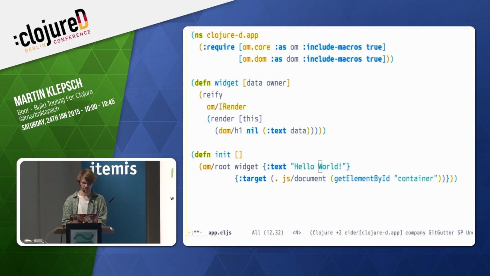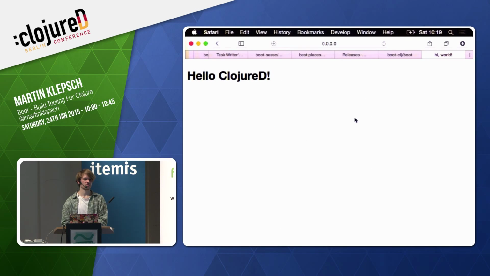And now let's say I change this to hello clojureD and save it. And then I go here and it's immediately transferred. I didn't press command-R or something. And that's a workflow that's becoming a lot more popular in ClojureScript land, so to say. And that's also really nice.